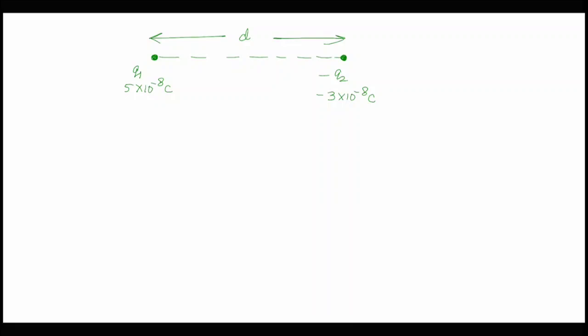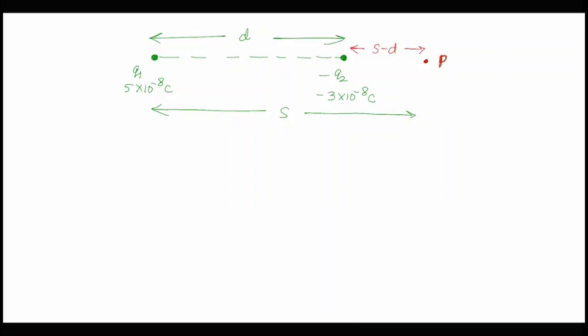So I am considering distance s from the charge Q1, where the potential is going to be 0. So that is at a point P. This distance from the charge Q2 will become s minus d.